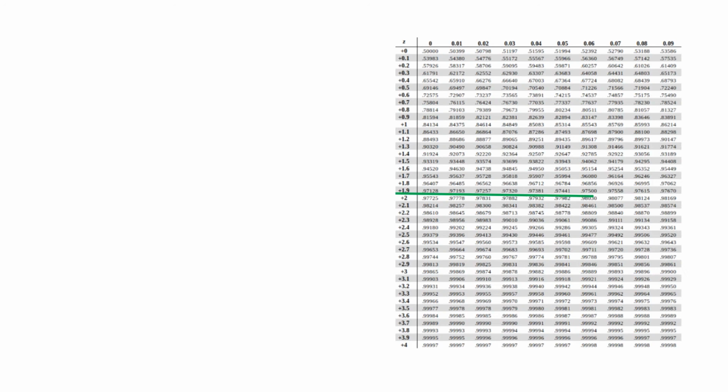So here we have a Z table, a positive Z table, because there could be a negative Z table also, that is also going to be shown now. Now in the positive Z table, we read the plus 1.9 and we read the 0.06 and we come upon the value 0.975.